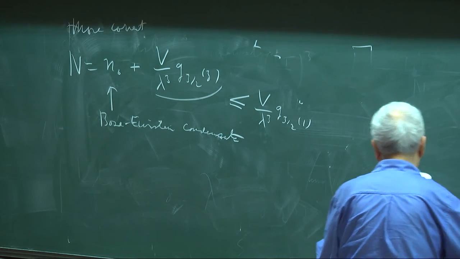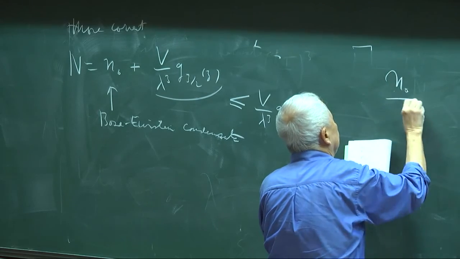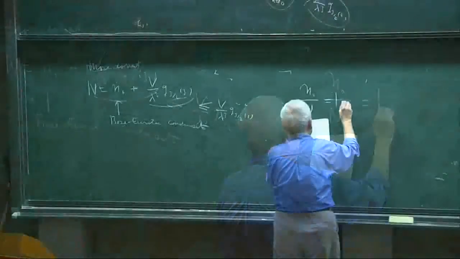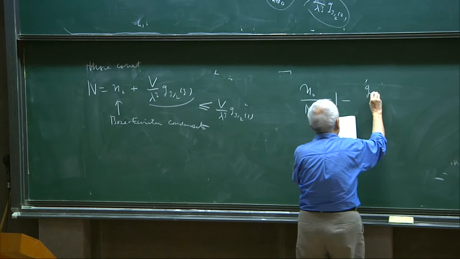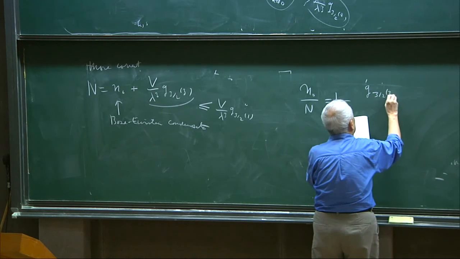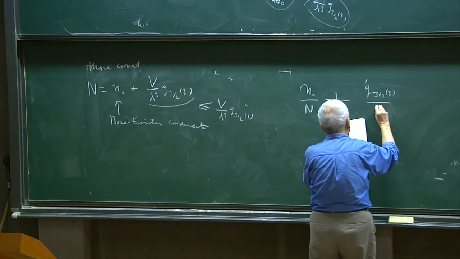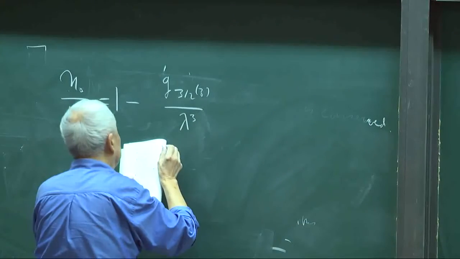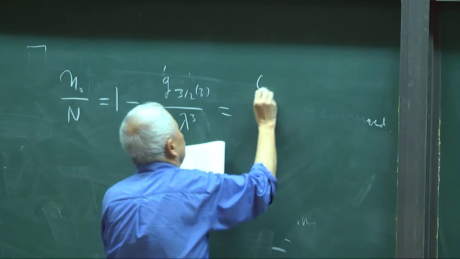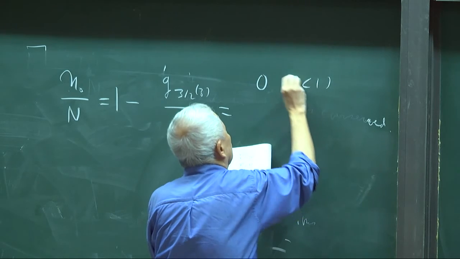So we can calculate n0 over N, which is equal to 1 minus G 3/2 of z over lambda cube. This is equal to 0 if z is less than 1.